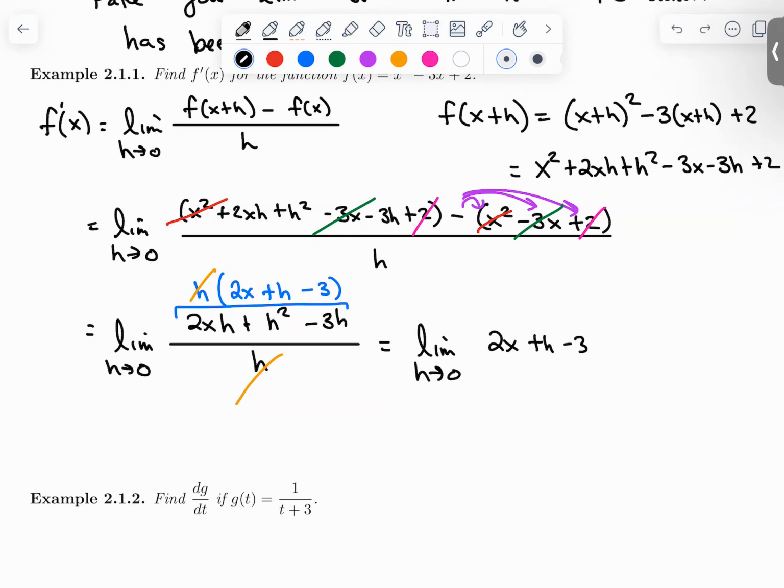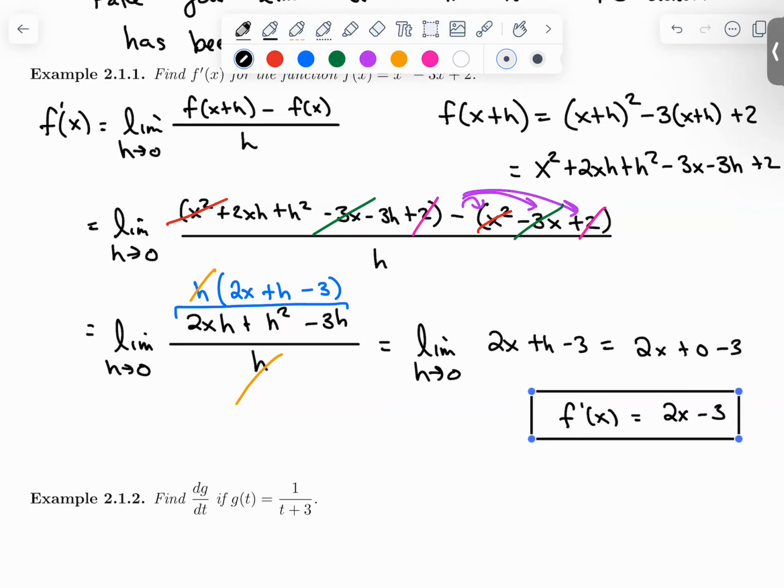So this becomes 2x plus 0 minus 3, or preferably f prime of x is equal to 2x minus 3. And that is your derivative. If you feel comfortable skipping algebra, please feel free to do so. I'm just showing every nitty-gritty detail, okay?